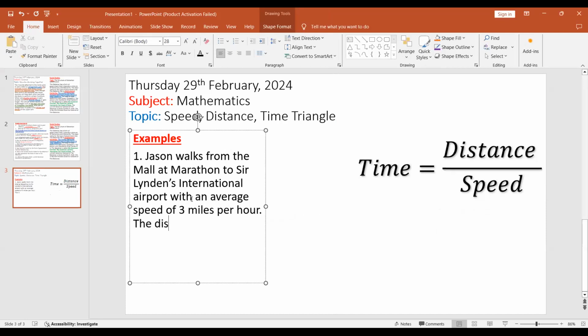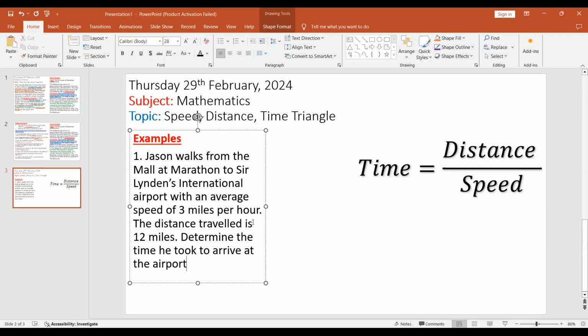The distance traveled is, let's say, 12 miles. Determine the time he took to arrive at the airport.